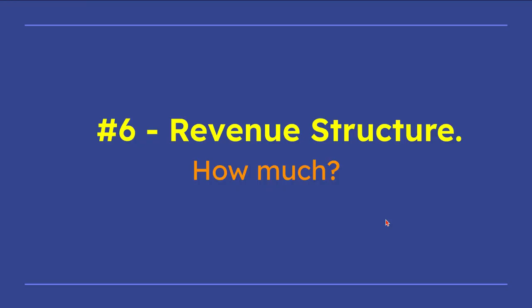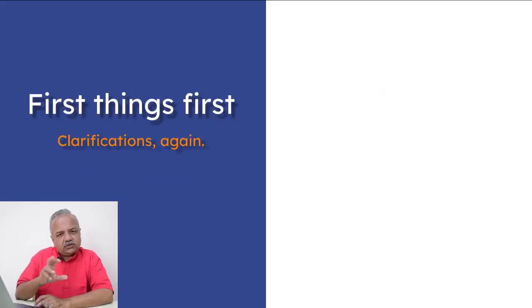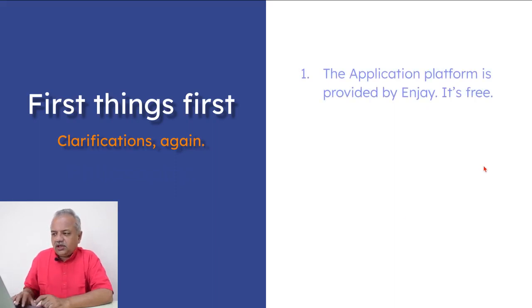Now, let us discuss the revenue structure. That is, what are the costs involved in the whole structure, how will you charge the customer, how much you can charge, and what you can charge for. First, let us get a few things clarified. The application platform is provided by NJ, and that is 100% free. You too will not charge for it.